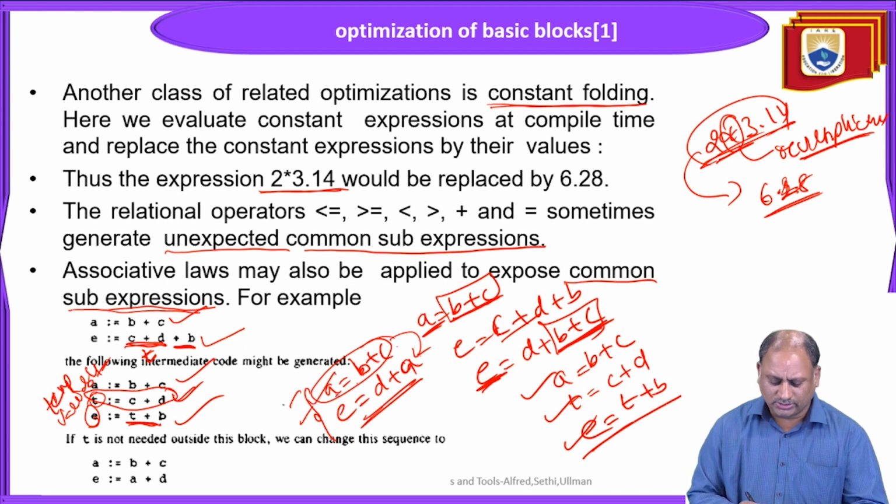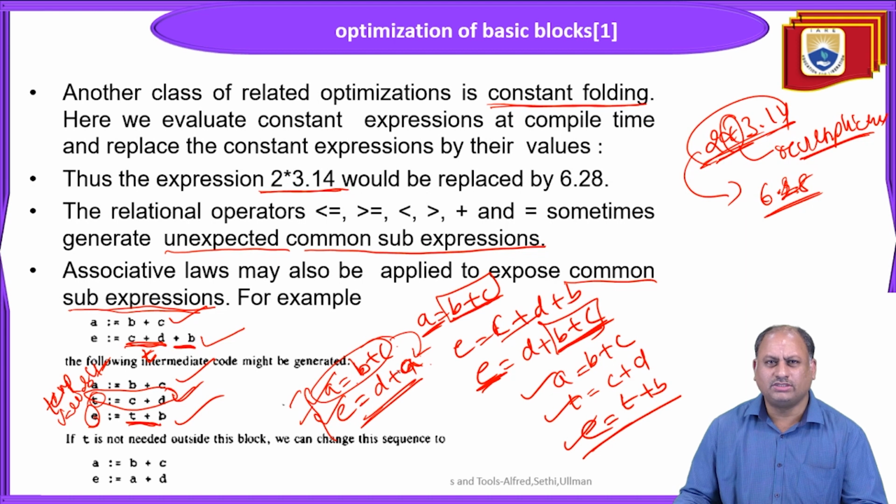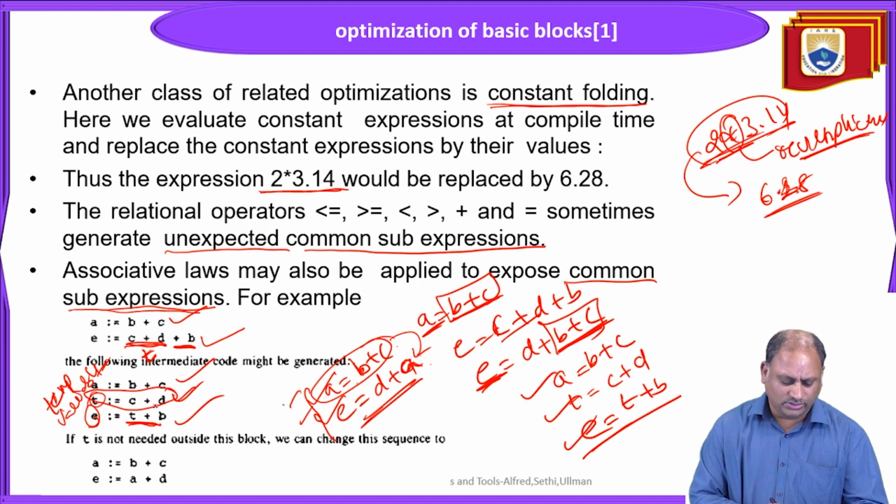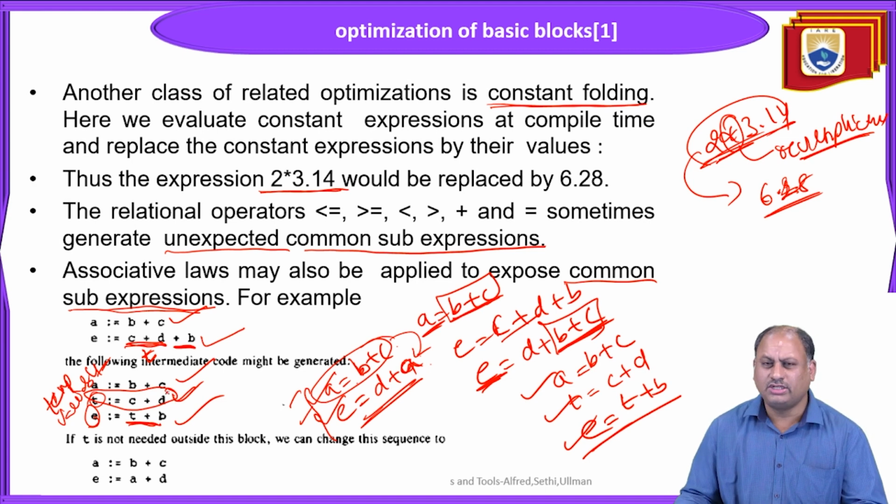So in the first expression we keep it as it is, and in the second expression where the commonality occurs, B plus C is substituted with A. And if that is intermediately required outside the block, then you can use a temporary variable, say t, with the assignment t equal to c plus d, and then proceed to the further execution of the task.